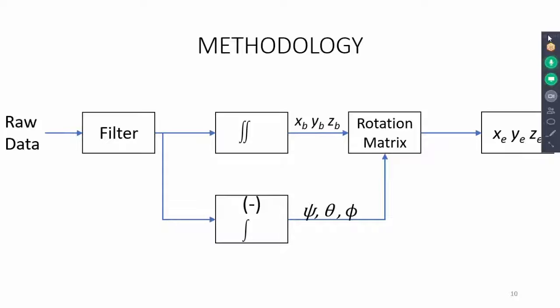After that, the integral was applied to calculate the radiosonde's position in its body frame and its orientation. Then the rotation matrices calculated from rotation angles were applied to transform the position from radiosonde's body frame into the Earth frame.